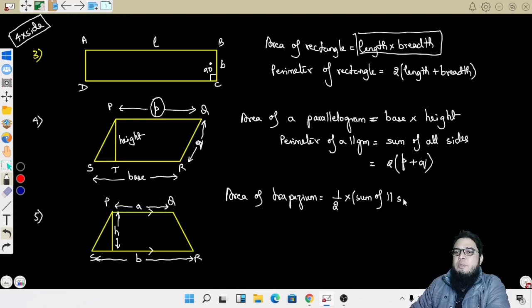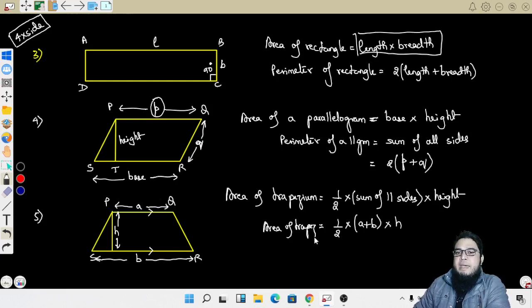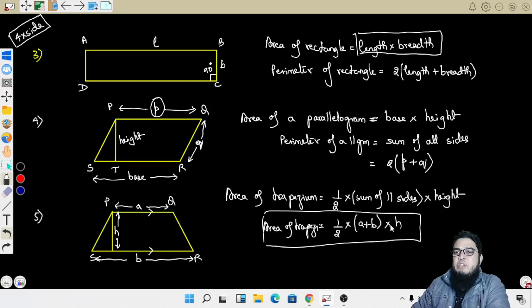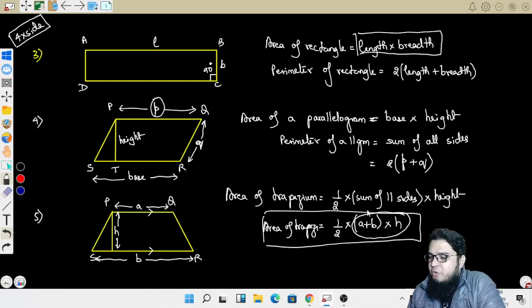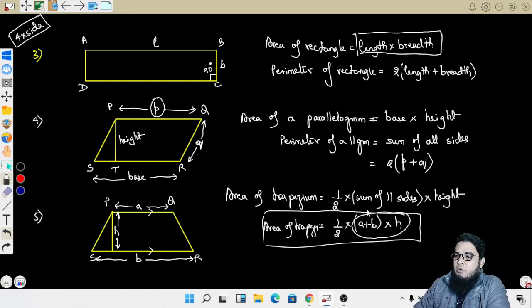We have to sum the parallel sides and multiply by the height of the trapezium. So that is half into A plus B into height, which is the area of the trapezium. Again, you are multiplying two dimensions so as to get the area.